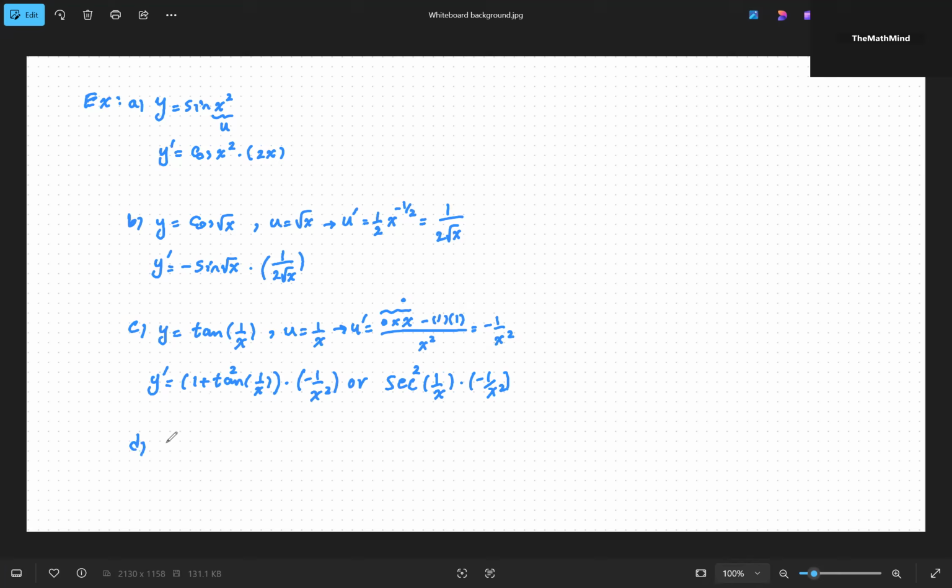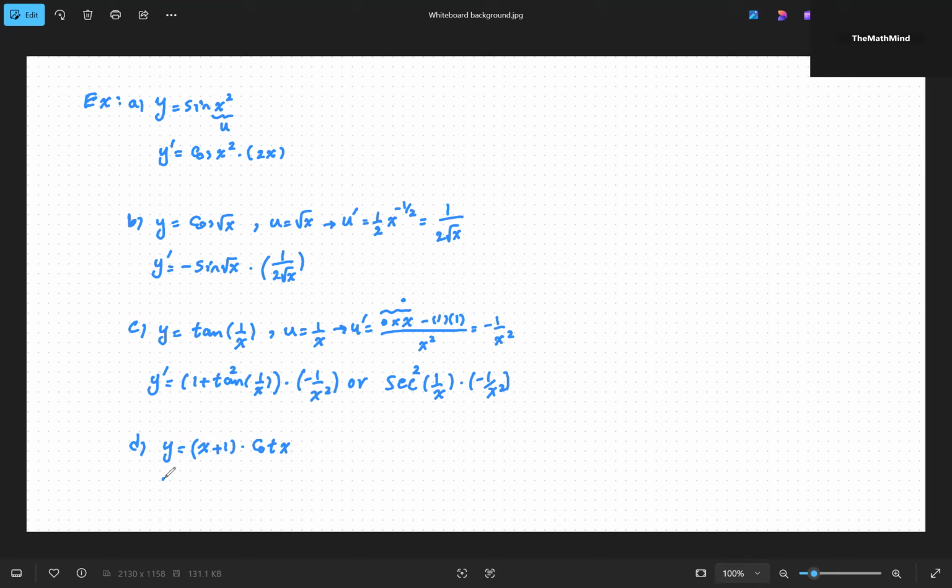Another example for cotan: y equals, for example, x plus 1 times cotan x. Okay, so we're using the product rule as well as the cotan formula.